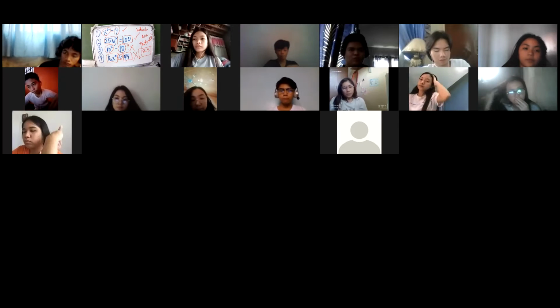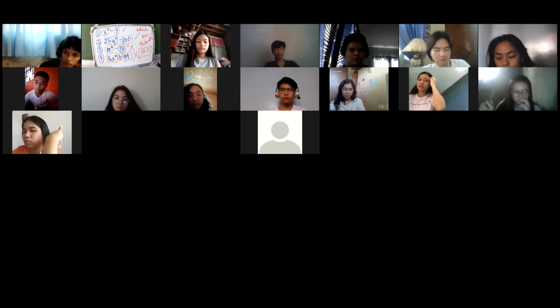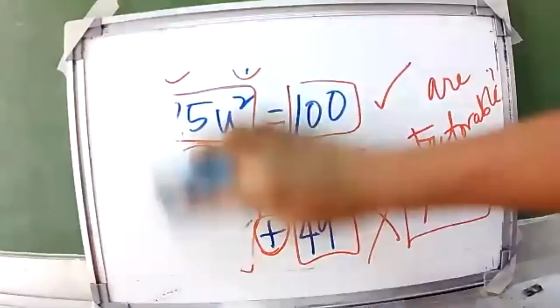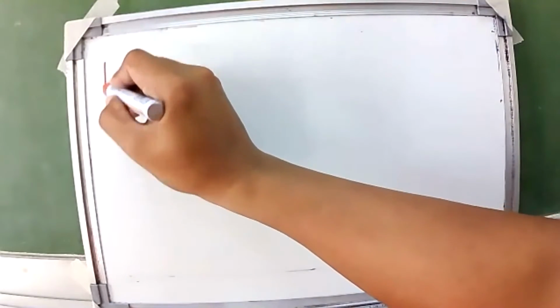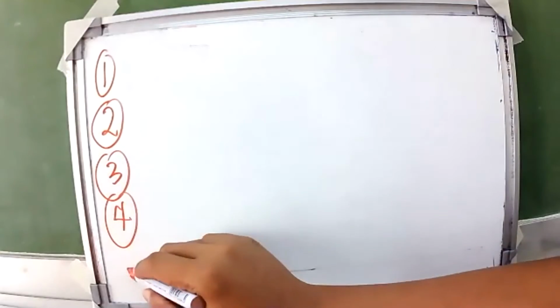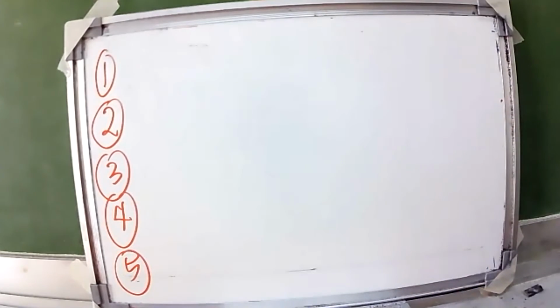Okay, identification muna tayo which are factorable and not. Okay, let's have this. 5 items tayo. Ready?